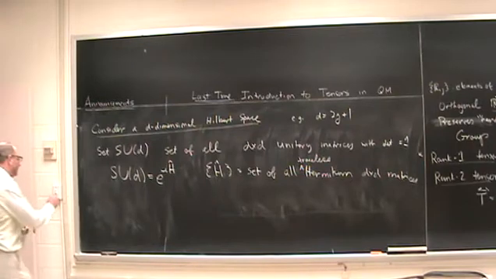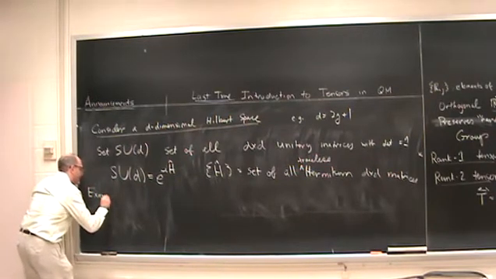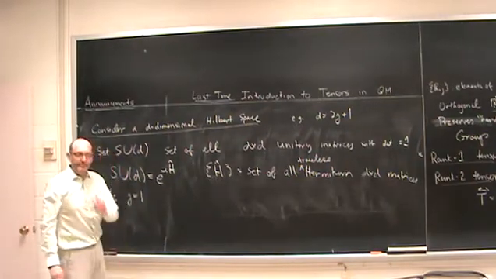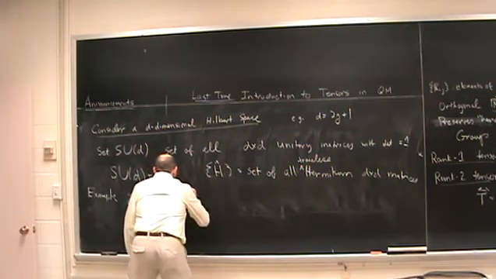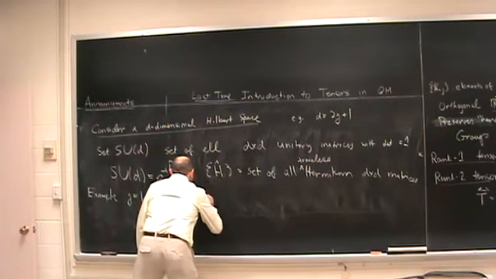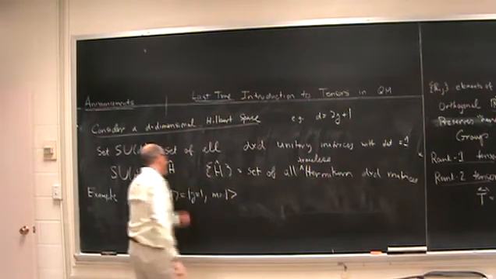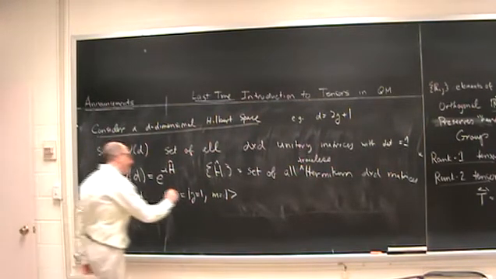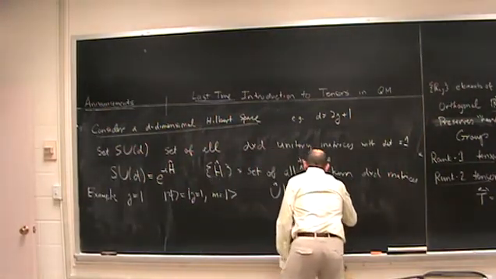In other words, for example, suppose I have a J equals 1 spin. And suppose I have the state psi, which is the state with maximum projection of angular momentum. And suppose there exists a unitary transformation which, for example, can take that state to any other state.